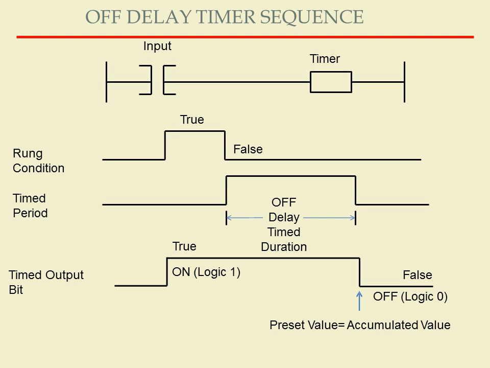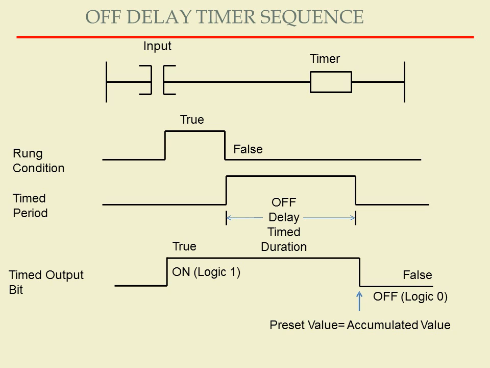Next, second type of timer is off timer. So here off delay timer sequence is shown. Again it is having one input, that is switch, and the timer. Whenever the rung condition is true, that is when the switch is on, switch condition is 1, then time period will be 0.